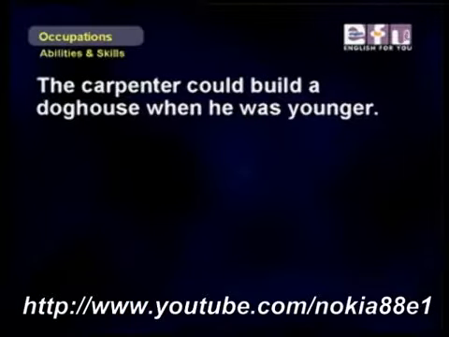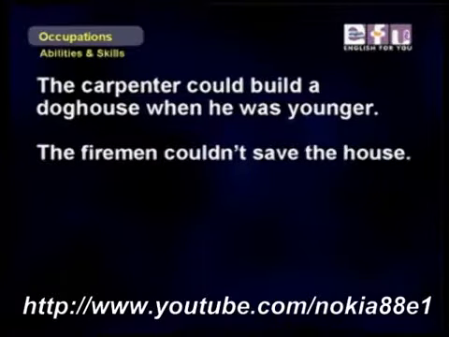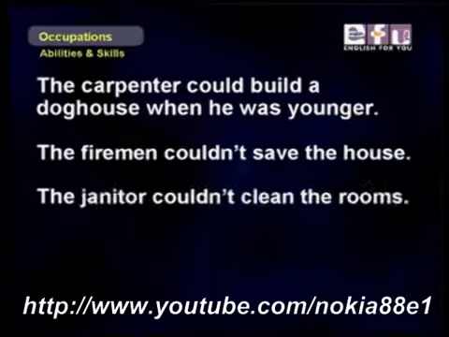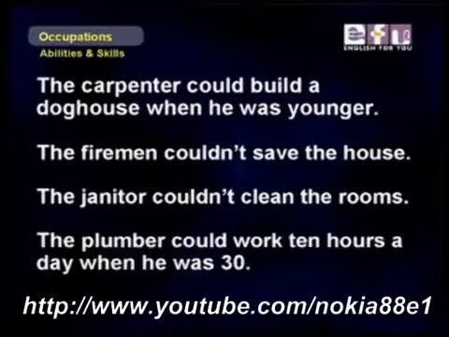The carpenter could build a doghouse when he was younger. The fireman couldn't save the house. The janitor couldn't clean the rooms. The plumber could work 10 hours a day when he was 30.